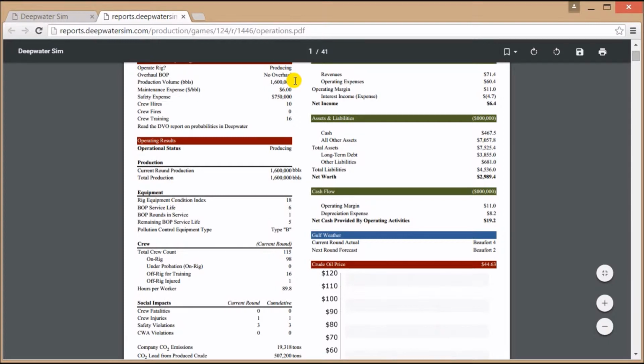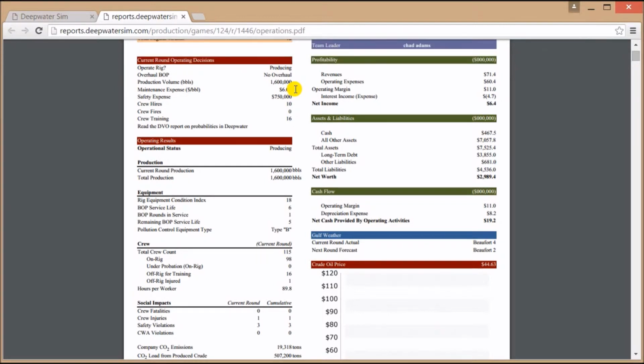And the additional pressure and stress and wear and tear obviously is going to increase to some degree the chances of something bad happening, such as a blowout. So this team has, in a sense, decided to take a bit more risk of something bad going on by producing more. Now, one way of compensating for that additional risk through the higher production is to increase the level of maintenance.